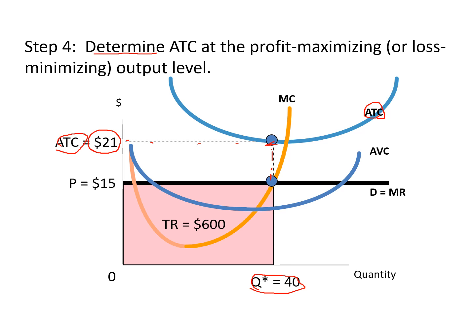And to find the total costs, you multiply the average total costs by the quantity produced, or in other words, you look at this large rectangle going all the way up to there and going all the way out to here. And the area of that large rectangle will be your total costs.